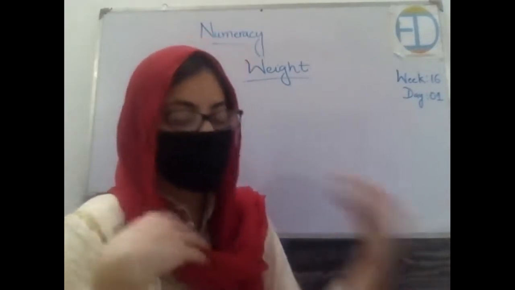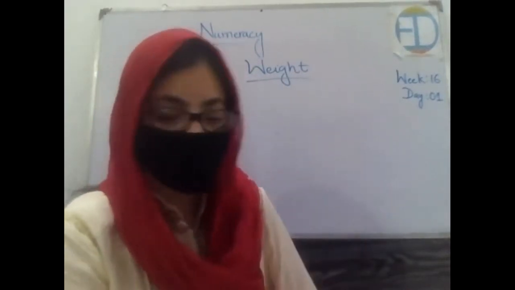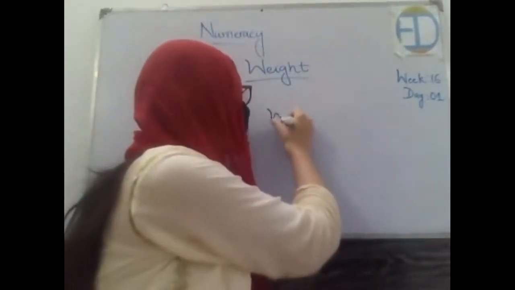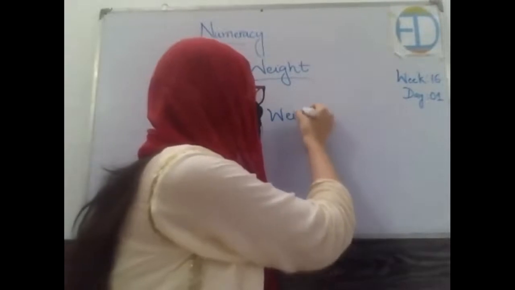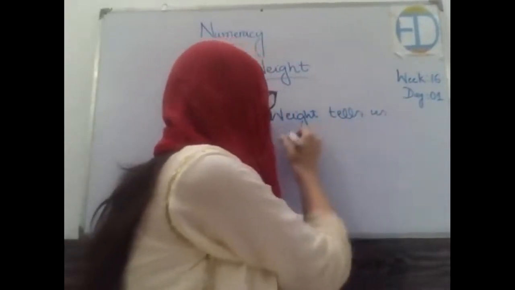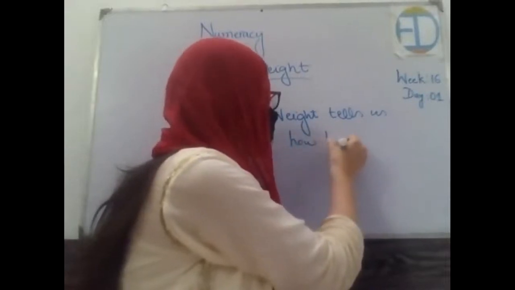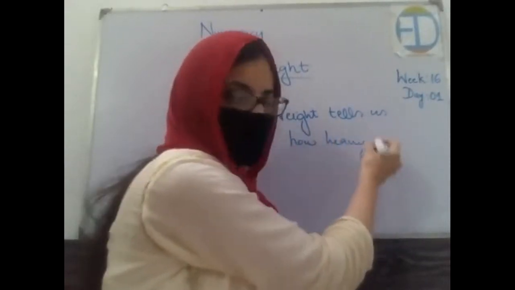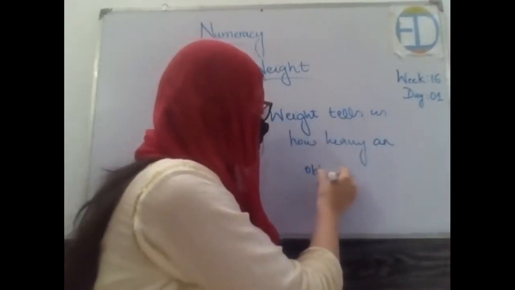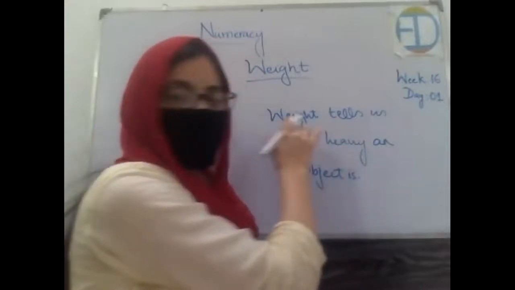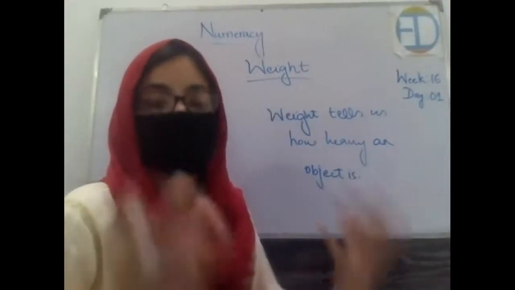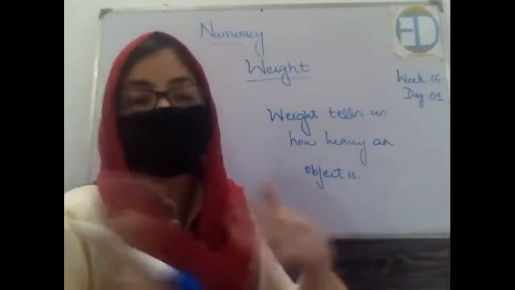Okay, let's write the definition of weight. Weight tells us how heavy an object is. So weight tells us how heavy an object is, whether it is lighter, whether it is heavier, it has more weight, it has small weight, et cetera.